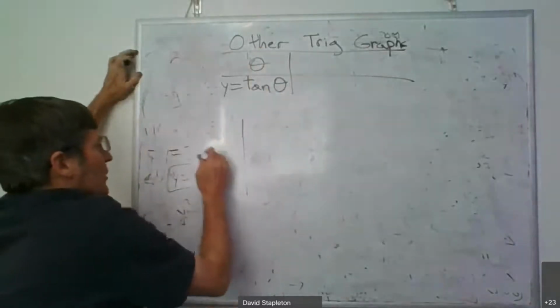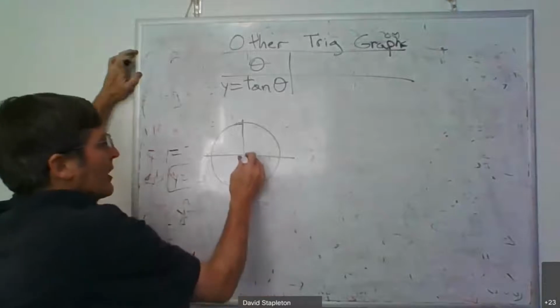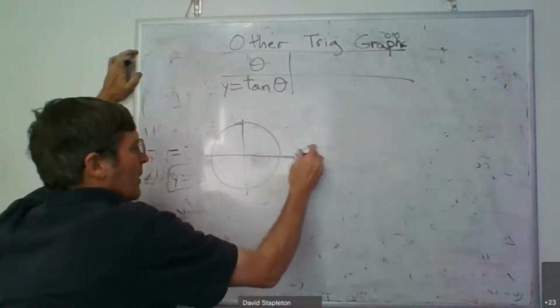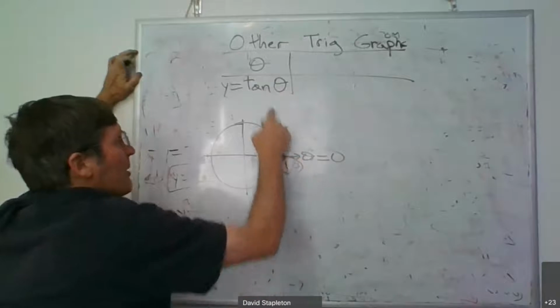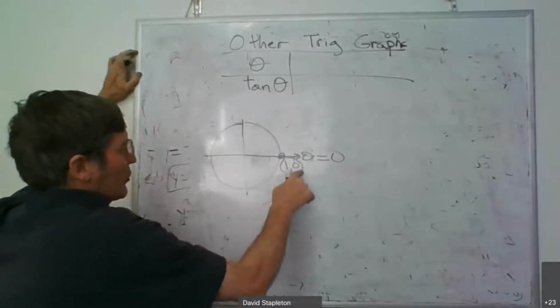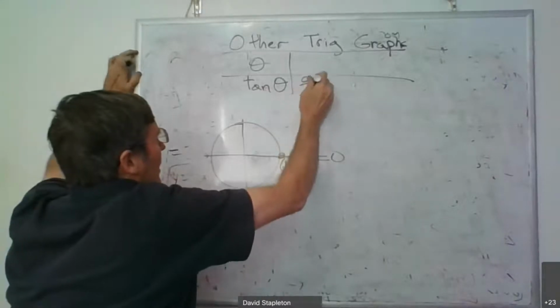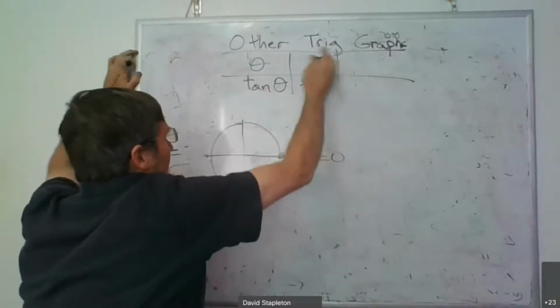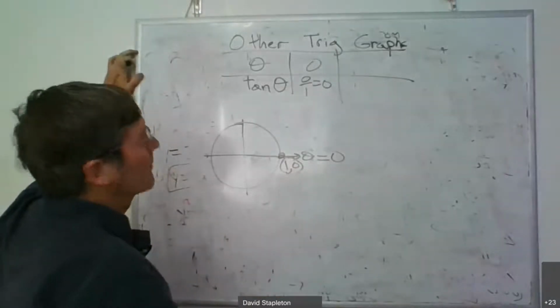We can do that on the unit circle just like we did for x and y. If the angle theta is 0, the point on the graph is 1, 0. Now remember, tangent is y over x, which is 0 over 1. Is 0. I can put the angle equals 0, then y over x is 0.